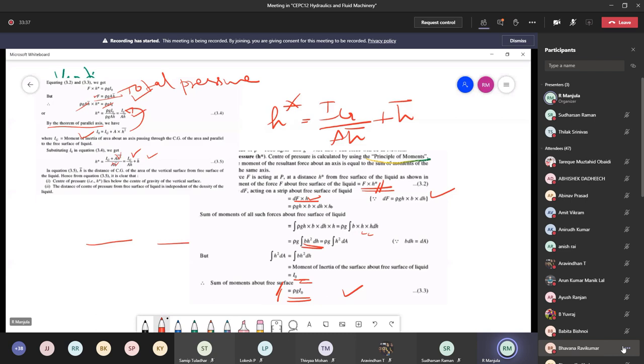Similarly, total pressure F is equal to rho g A into h bar. So these are the equations which we are going to use for finding the total pressure and the center of pressure for various surfaces. This is for a vertical plane surface, which we have seen in the discussion now.